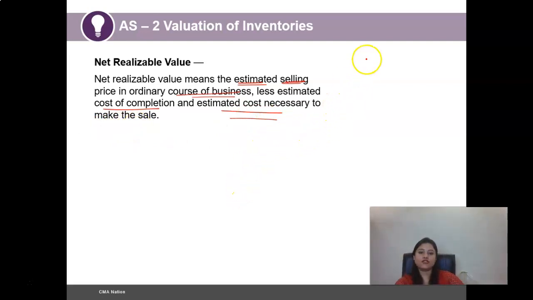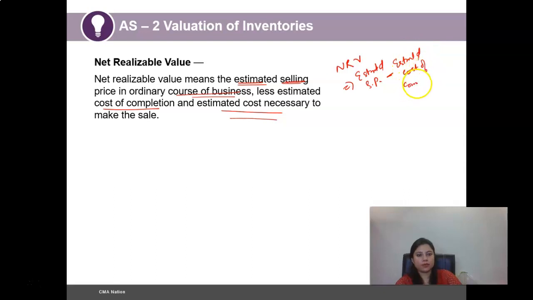So NRV means the estimated selling price of a particular inventory minus the estimated cost of completion.